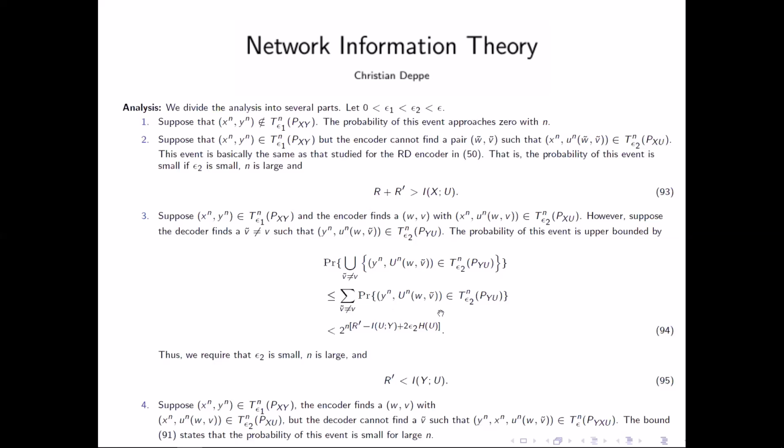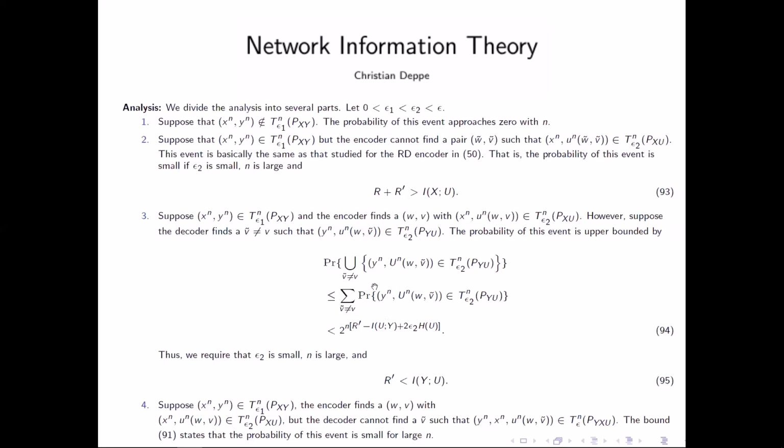But for this probability, we know that the probability that Y^n and U^n are jointly typical is equal to 2 to the n times minus the mutual information plus 2 times epsilon, the entropy of U. And we can estimate every event here by the same probability.